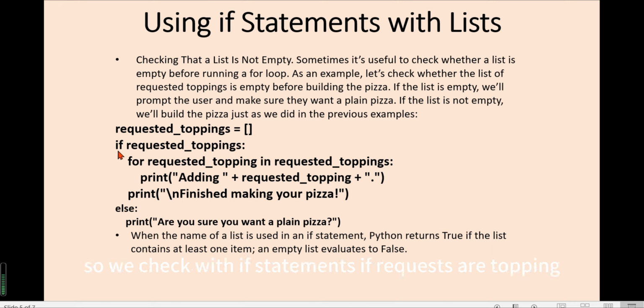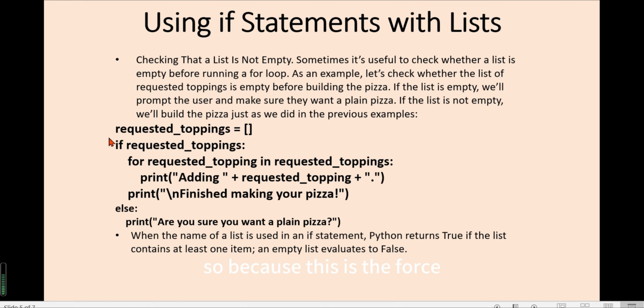So we check using an if statement, if requested toppings. When the name of a list is used in an if statement, Python returns true if the list contains at least one item. An empty list evaluates to false. So here, because requested toppings has no items, the conditional test will be false.